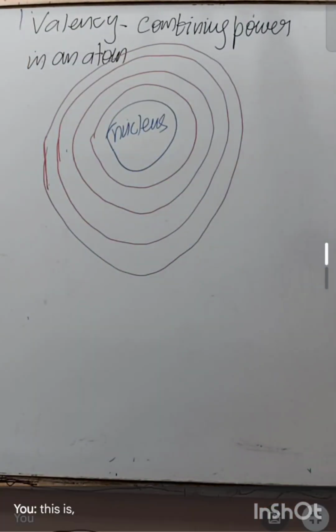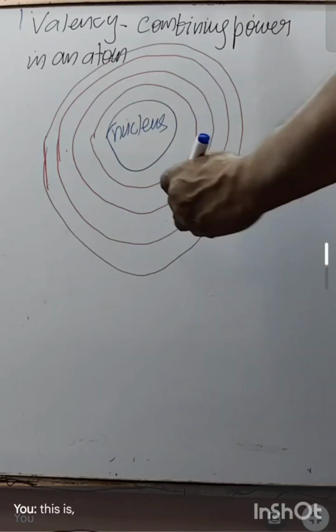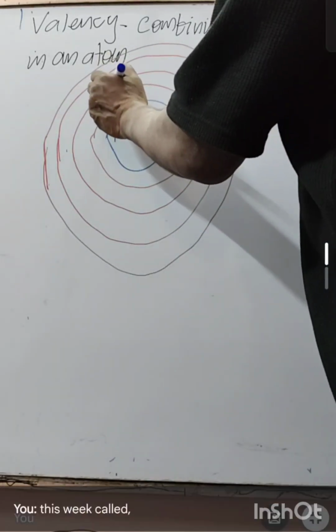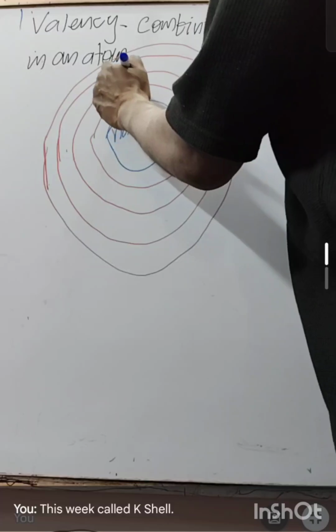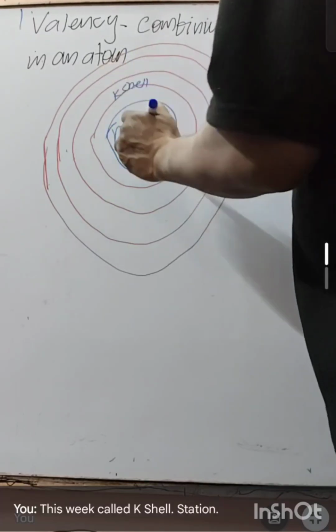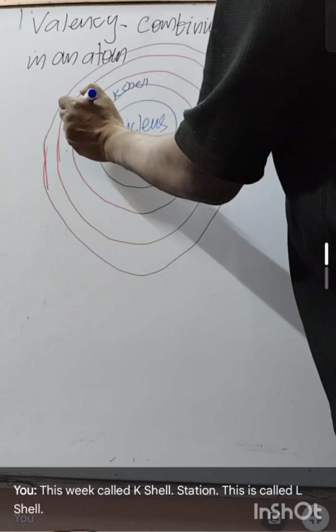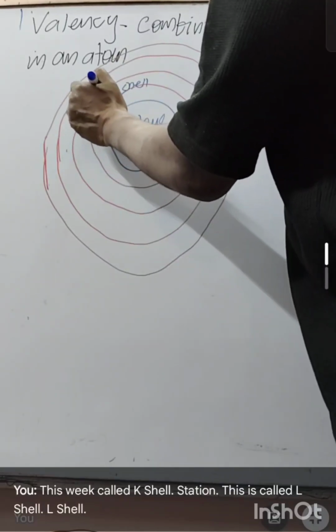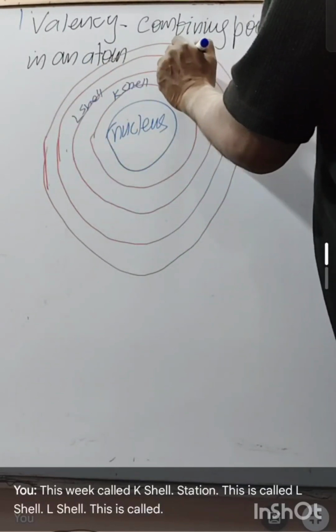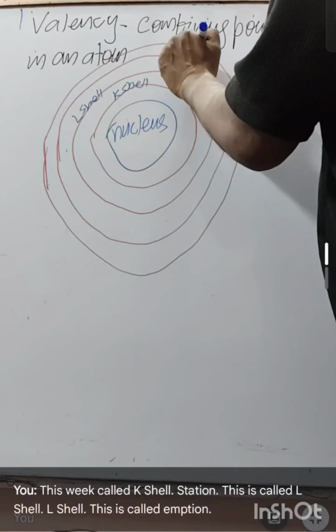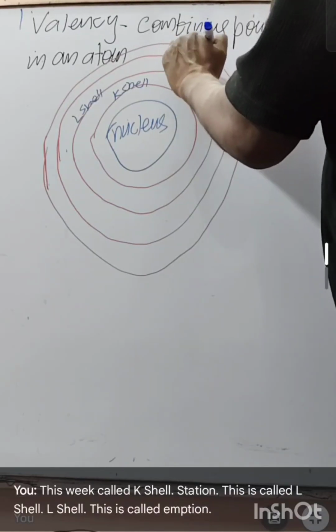This we call the K shell. This is called the L shell. This is called the M shell. Right?